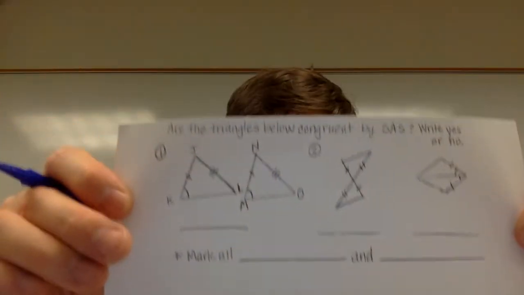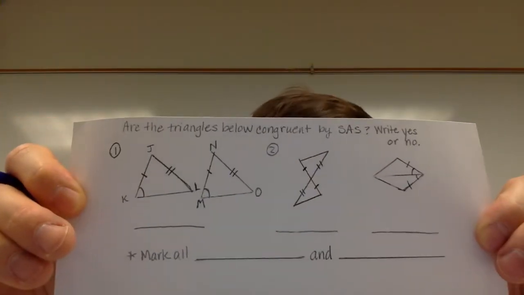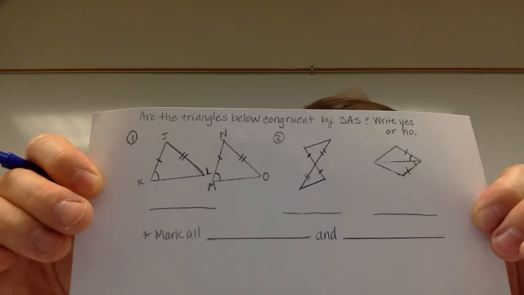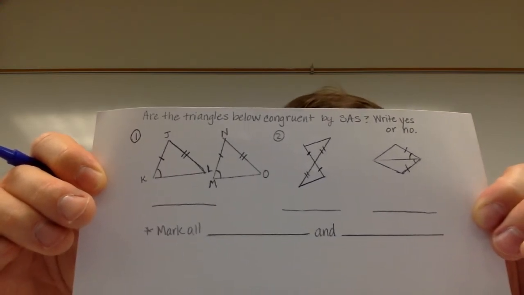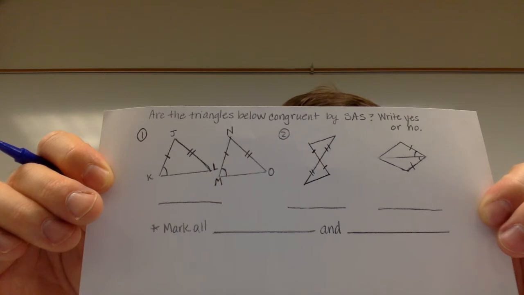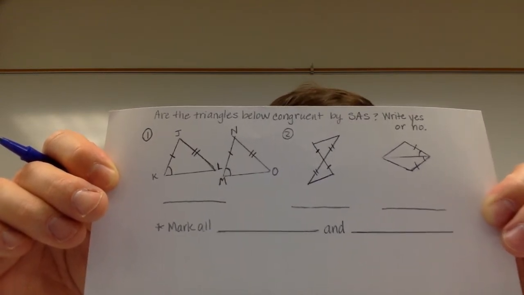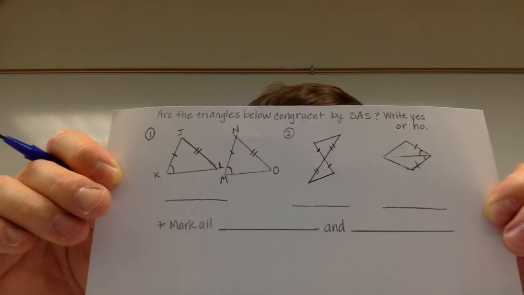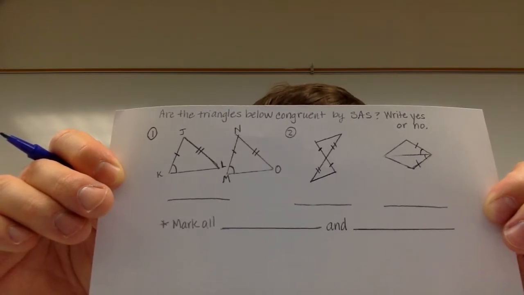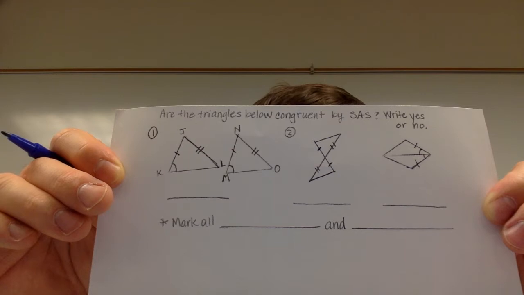Let's take a look at this right here. Now, before we go and try to figure out if these are demonstrating side angle side, we need to mark every set of triangles that are sharing vertical angles, and they're demonstrating the reflexive property. That is, they're sharing a side. We got to put tick marks on that.